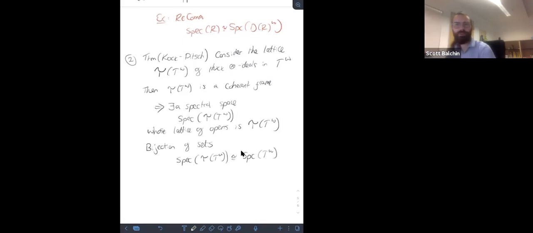So they at least recognize the correct points. The points here are exactly the prime thick tensor ideals, and this is followed by the definition of points I gave of being prime. But at this point, the topologies are actually different.